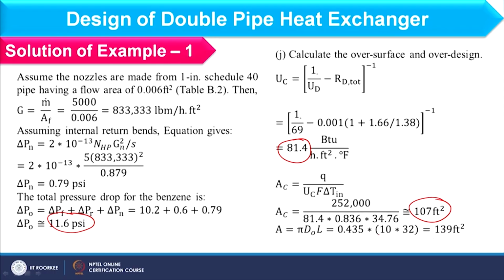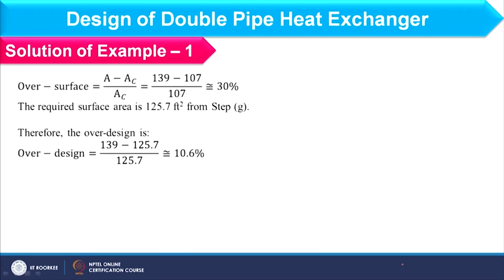And for 10 hairpins of 20 and for 10 hairpins of 32 length, you can find out area as 139 feet square. Comparing these two will give the oversize as 10.6%. So, this much is the oversize. We have considered all feasibility and we met all design in the feasible limit.